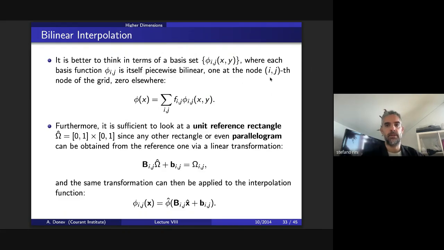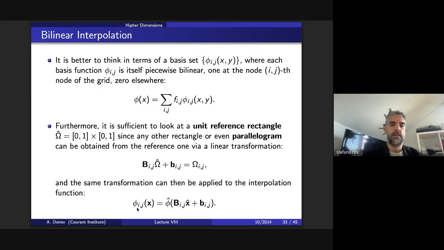So the grid will be the points i comma j, and again, instead of looking at the whole space, we just look at the unit reference rectangle, 0, 1 by 0, 1 in R squared. And then every other function we try to squeeze down, compress it down to this square by compressing, scaling the x and y dimensions, and then shifting with a bias.